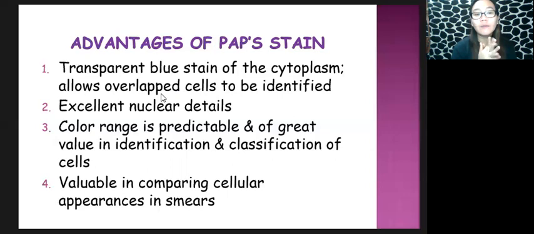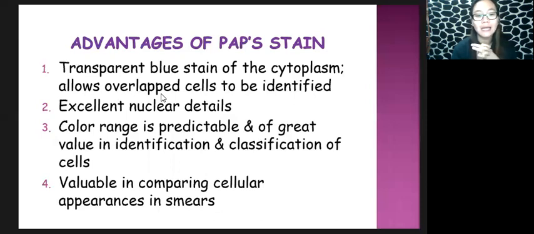Apart from that, with the use of your Harris hematoxylin, which I have described to have a very powerful nuclear staining characteristic, you are able to produce excellent nuclear details. The color range is predictable and of great value, particularly in the identification and classification of your cells. Kindly refer to your module for the different expected results of your PAP stain.